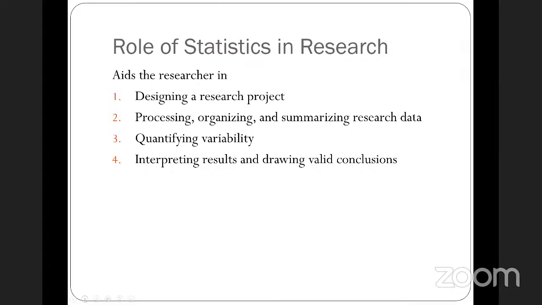So we see and present data in a form that will make it easier to analyze and interpret.